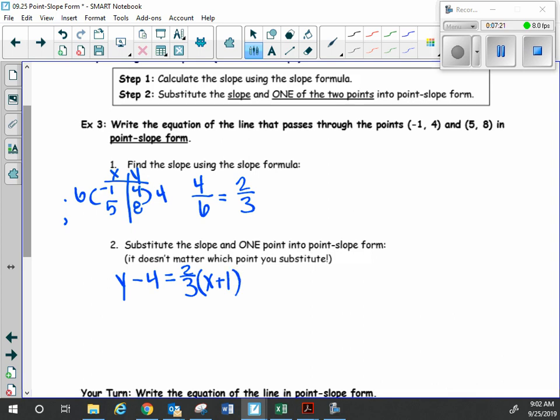Or y minus 8 equals 2/3 times x minus 5. Either of these are correct. So just adding that additional step of finding the slope, but that shouldn't be any hassle for us, right?